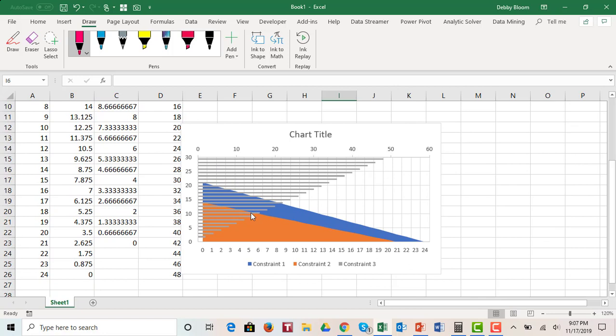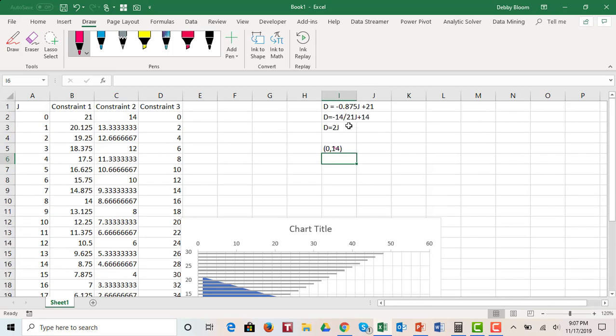So notice our second point is basically where constraint 2 crosses constraint 3. So what we're going to have to do is set the equation for constraint 2, negative 14 divided by 21j plus 14, equal to our second constraint, d equals 2j. So we're going to set the 2 equal to each other.